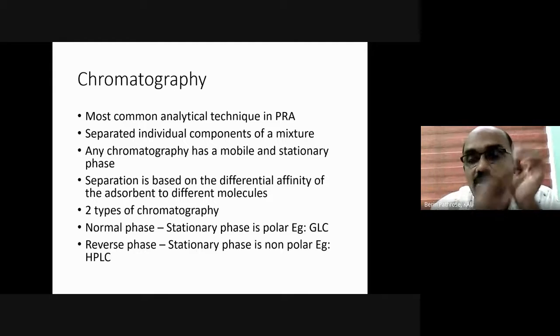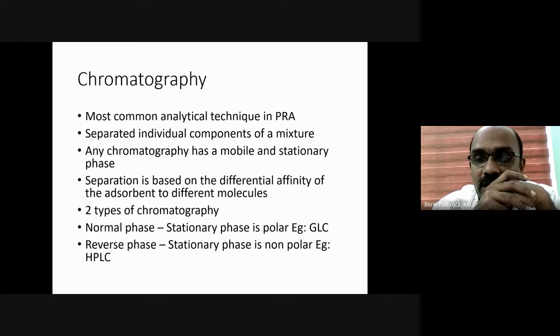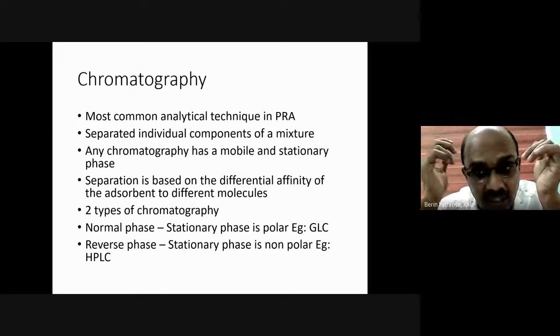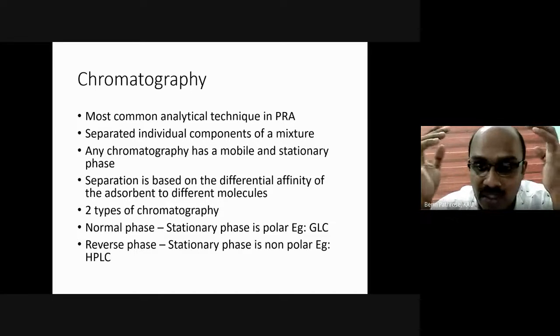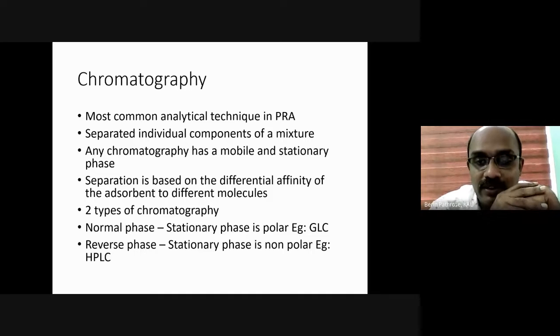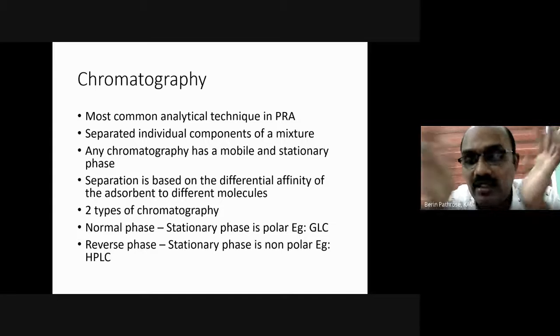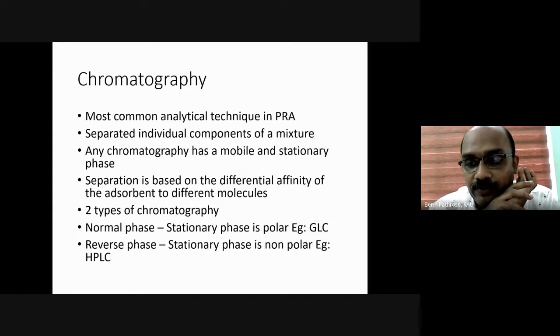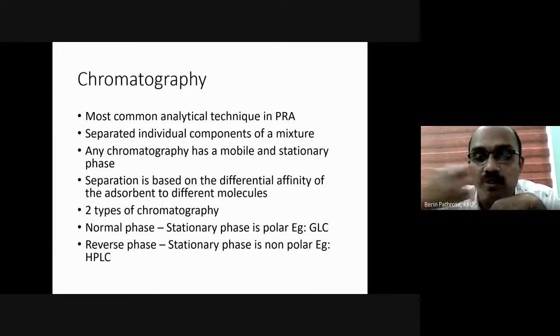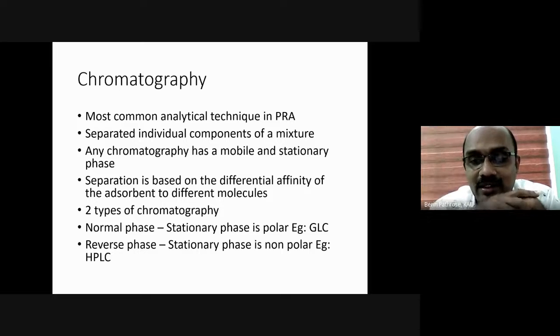So we have a mixture of two compounds, A and B. A has very high solubility in, or very high affinity to, the solvent, and B has very high affinity to the stationary phase, the adsorbent. If you're adding mobile phase into that cartridge, which one will move first and come out of the cartridge first?